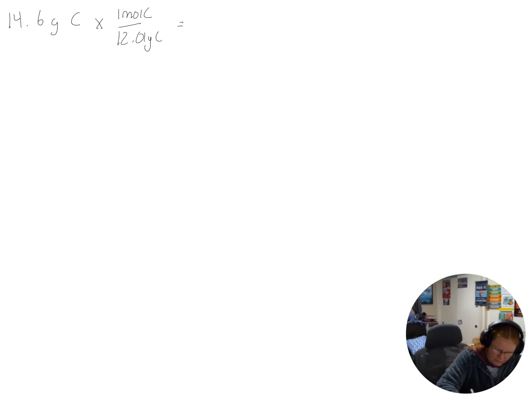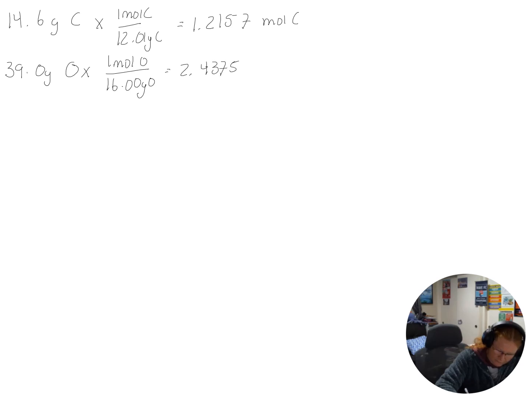Okay, so I had my percent composition. Now we're going to get our moles. So I have 14.6% carbon, so 14.6 grams of carbon, 1 mole, 12.01 grams, 1.2157. Alrighty, and then we have 49.3% fluorine.